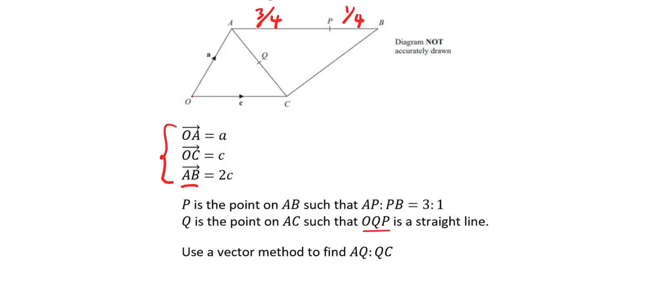So we need a straight line that will connect like this. Good. Use a vector method to find the ratio of AQ to QC. All right.